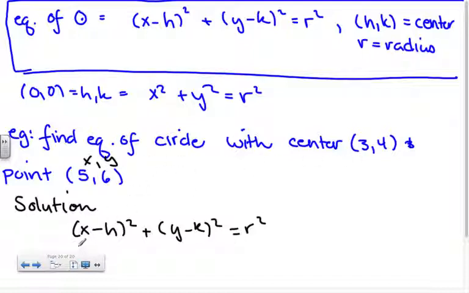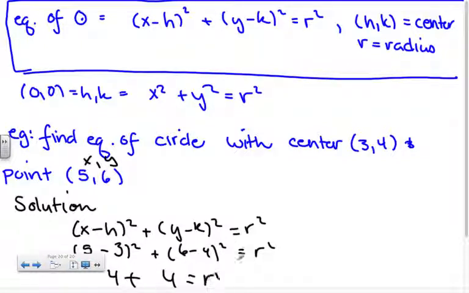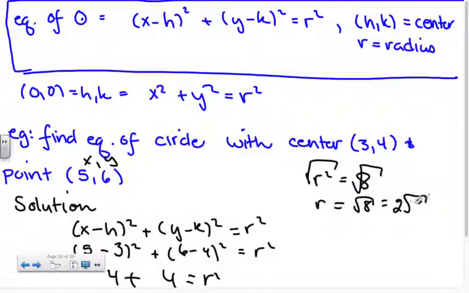So this becomes 5 minus 3 squared plus 6 minus 4 squared equals r squared. So 5 minus 3 is 2, 2 squared is 4. 6 minus 4 is 2, 2 squared is also 4. So r squared equals 8, and r is the square root of 8 or 2 square root of 2.